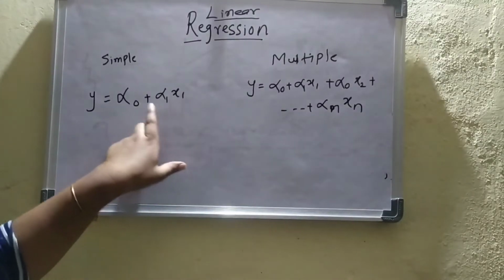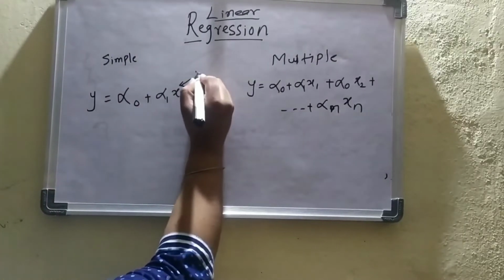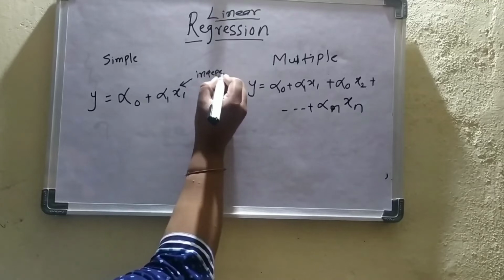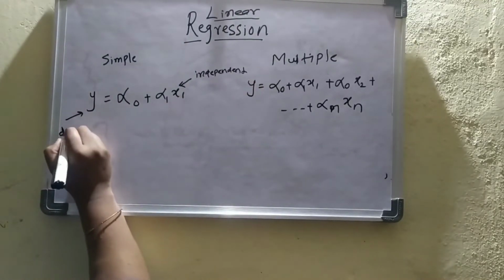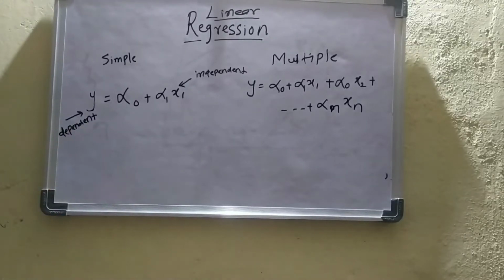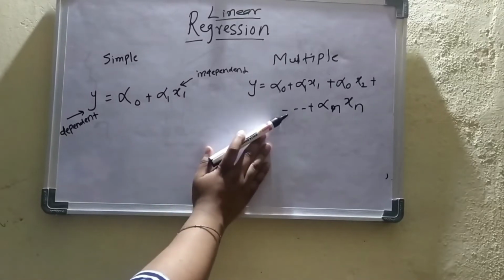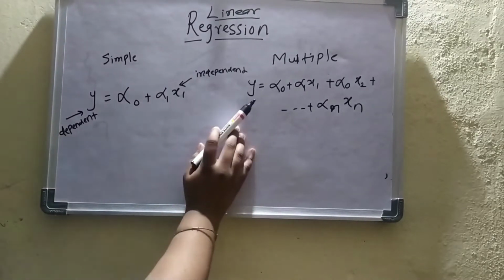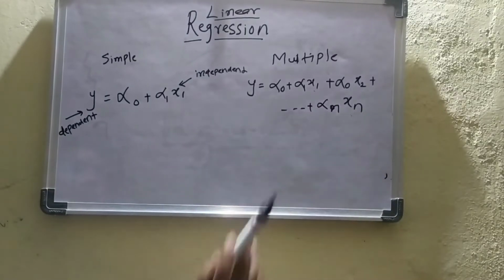So how did we get this? What is alpha? What is x? Here x is the independent variable and y is the dependent variable. Similarly, in the case of multiple linear regression, y is the dependent variable and x1, x2, ... xn are the independent variables.